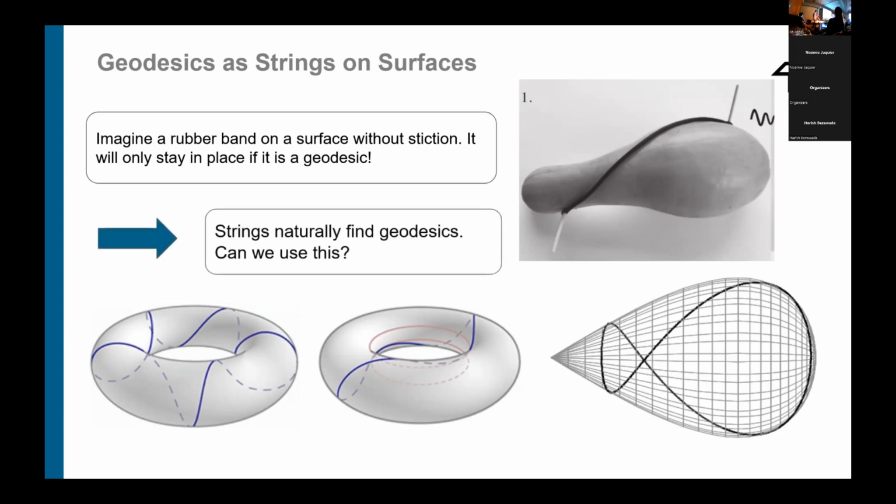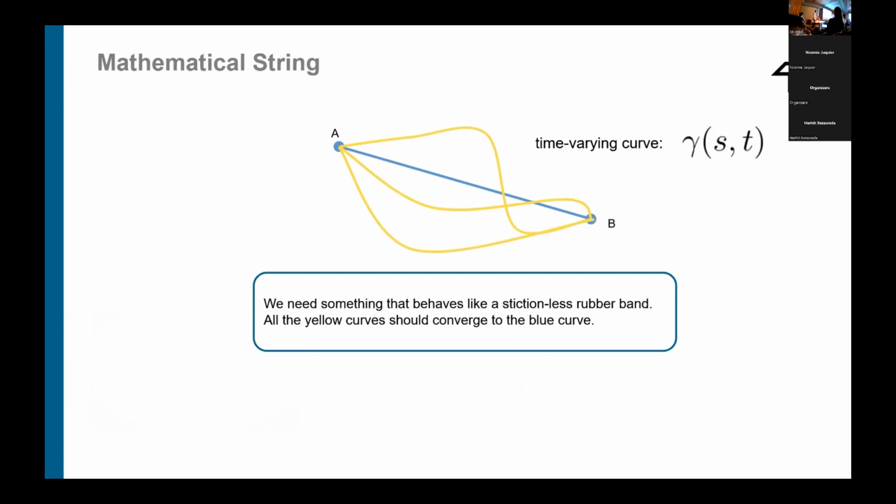Okay, and now because we will need this later, I want to find an algorithm that basically simulates these rubber strings on surfaces, and then we can use this to do mechanics. We will see later why. So the idea is to now find another curve which also has a time parameter, not only arc length.